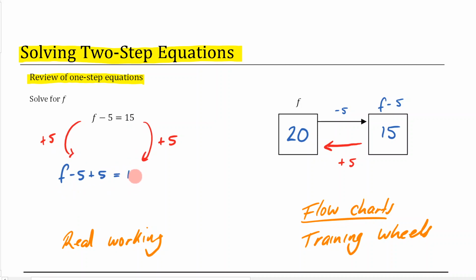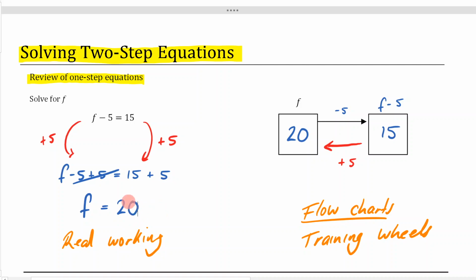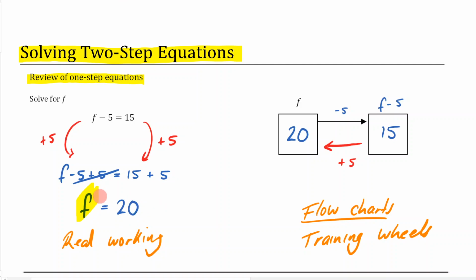And then I've got 15 on this side, and I'm plussing 5 to that as well. Minus 5 plus 5, that's just 0. So that just goes away. And that means I'm just left with an f here, and then 15 plus 5 is 20. f is equal to 20. There it is right there. And you can see that's what we got there as well.